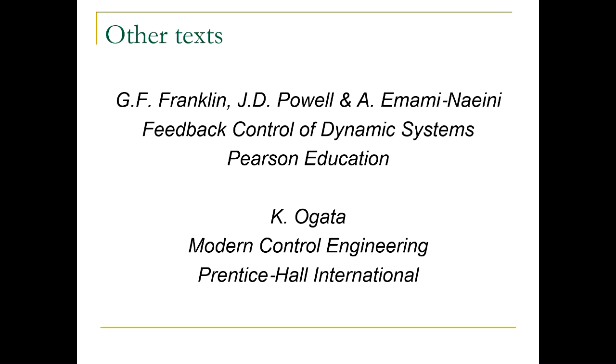Ogata would have a lot of solved questions after each chapter, and then a lot of unsolved questions. So it's a good balance between learning how to solve questions by following solved examples, and then attempting those unsolved questions by yourself. So very good books. I highly recommend both of them.